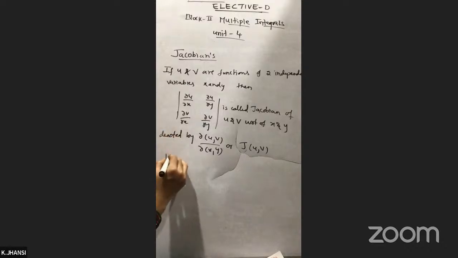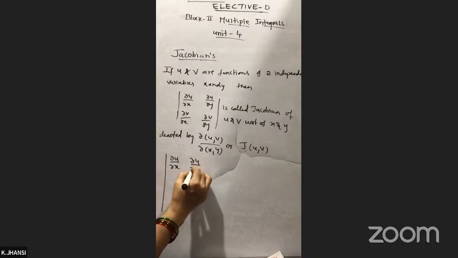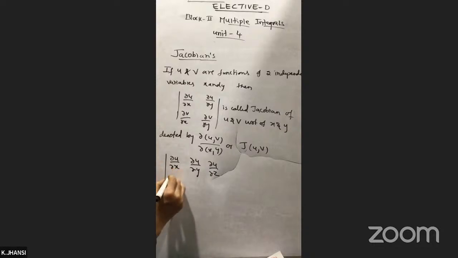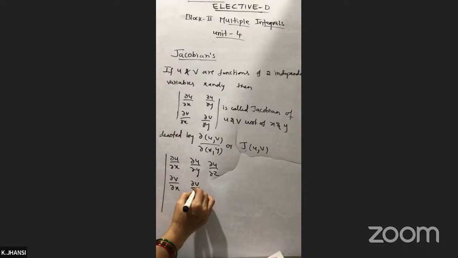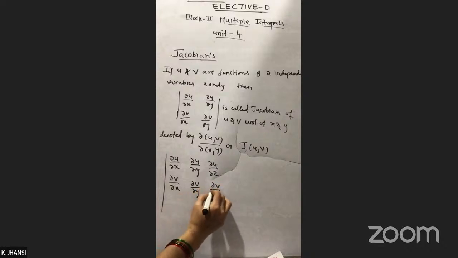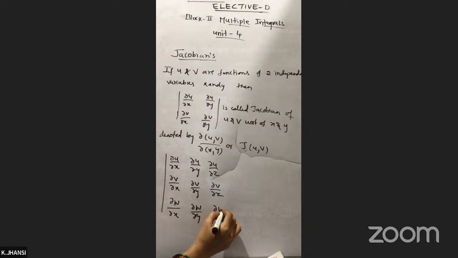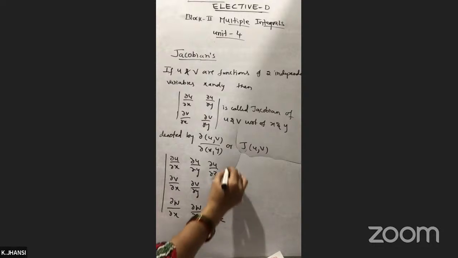For three independent variables, dou u by dou x, dou u by dou y, dou u by dou z. Next, dou v by dou x, dou v by dou y, dou v by dou z, dou w by dou x, dou w by dou y, dou w by dou z.